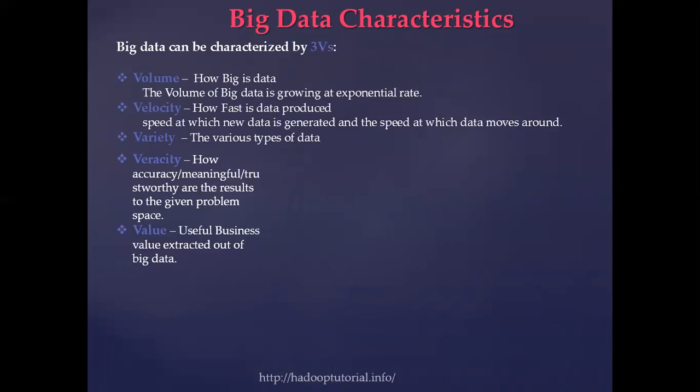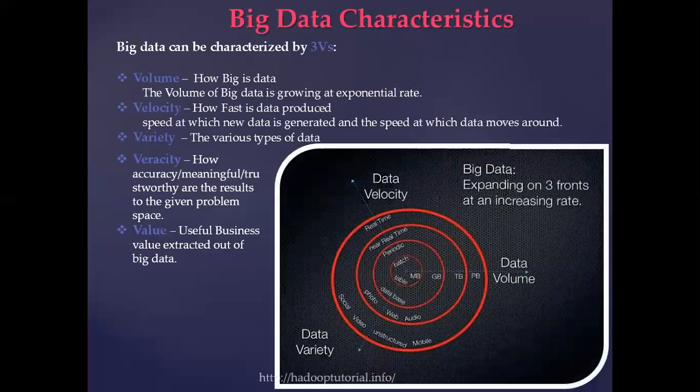The second V is velocity, the growth rate, how fast the data is getting produced. As I said, every 2 years the data is getting doubled across the globe. And the third V is variety: the various types of data. There are mainly 3 types of data that we deal with in big data, which I will cover in the next slide.